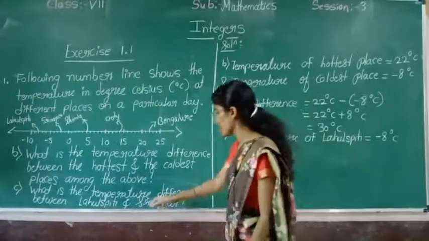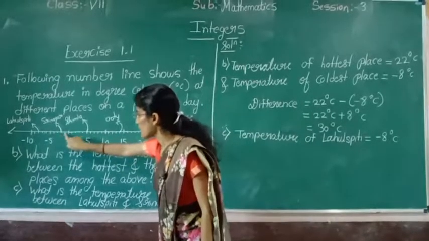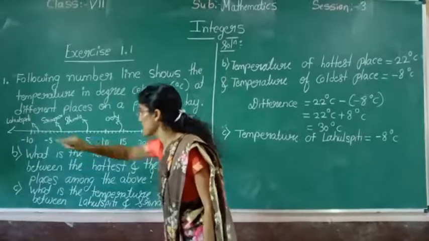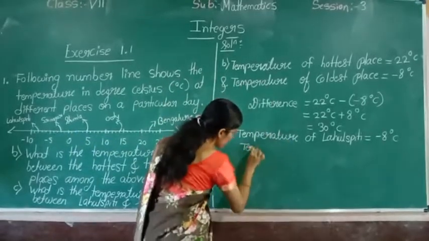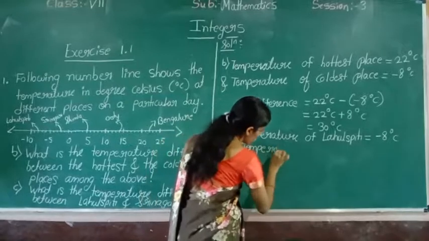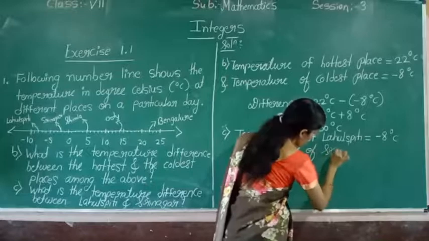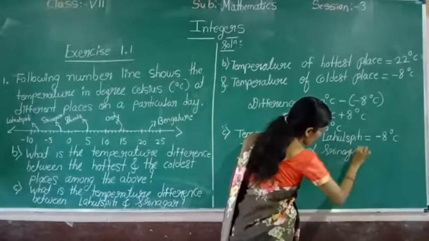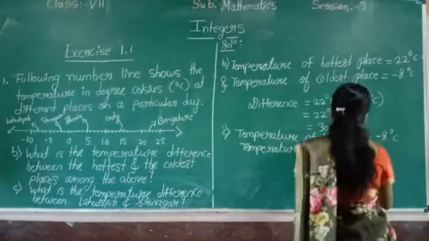And what is the temperature of Srinagar? 0, -1, -2 degrees Celsius. Temperature of Srinagar is equal to -2 degrees Celsius.